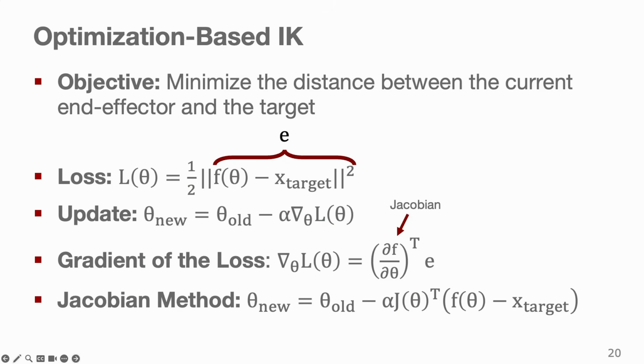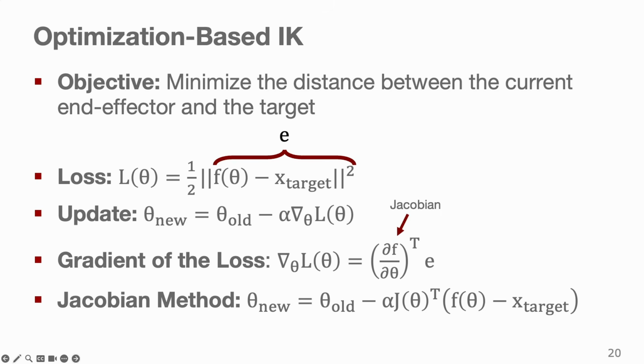I will not go into too much detail, but just to get the gist of it, this is how, in its most basic form, such optimization-based inverse kinematics would work. We have this error between the current pose and the target pose, and we want to minimize it, let's say with a squared L2 norm of that error.